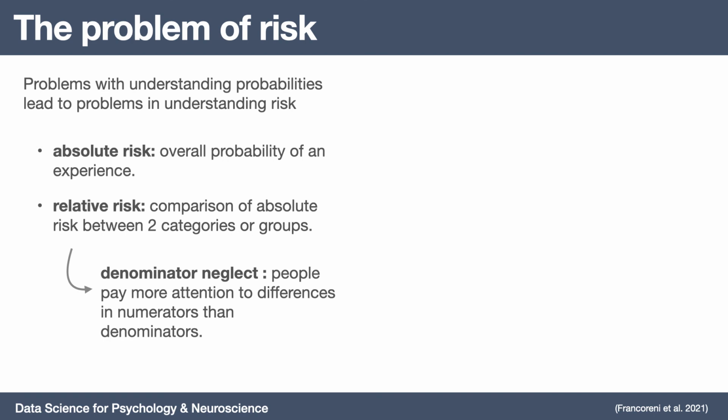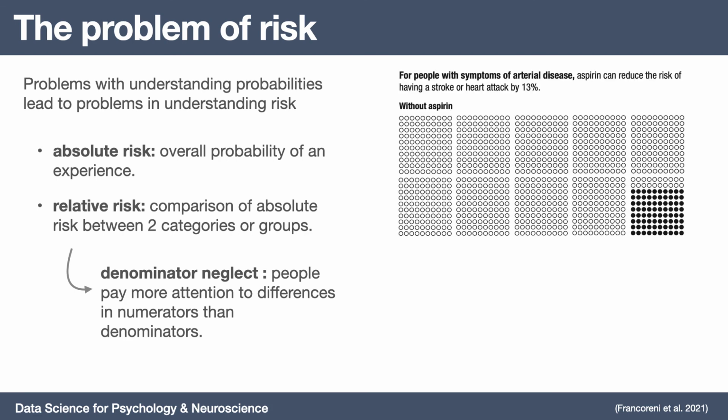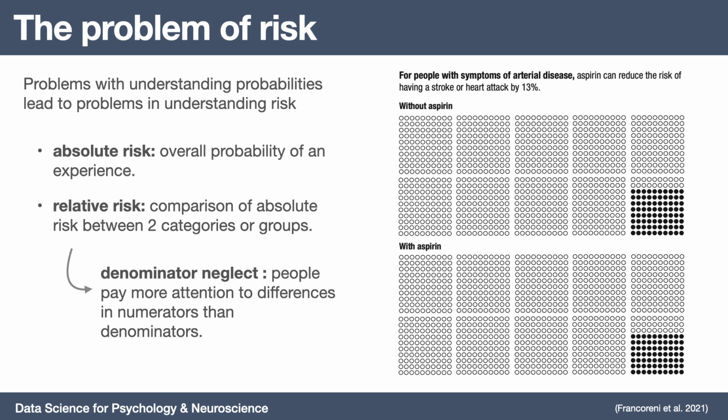So what to do? Well, the recommendation is to always present absolute risk. So for example, here's a plot of the probability of people with symptoms of arterial disease, where we have 10 grids of dots representing each person. So this is a 1 in 100 risk, or this is an out of 100 risk. And you can see the black dots indicate the risk, or how many people out of 100 would show symptoms of arterial disease. And then you can present how something like aspirin might reduce that risk. So it's clear that people taking aspirin have fewer black dots than people not taking aspirin.